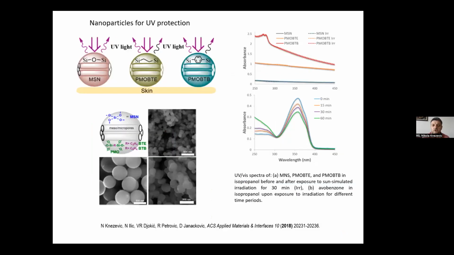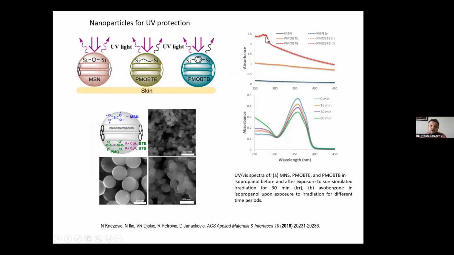And I can showcase also that we use these PMOs for other purposes as well. We have research related to blocking UV light, shielding from UV light, and this was an early publication in 2018. We now show that these PMOs can be used for this.